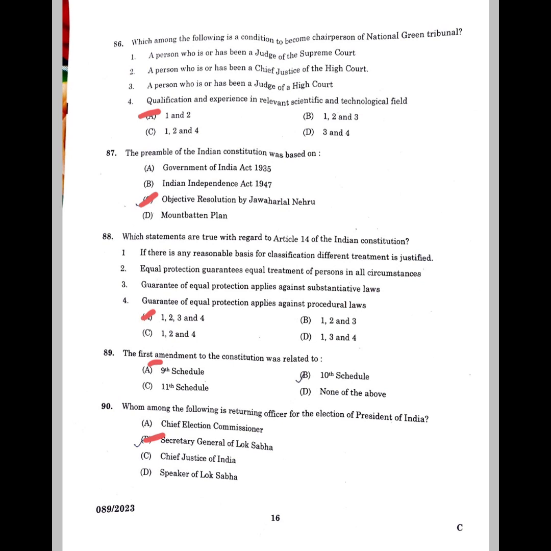Actually, 4 of these statements are true. 89. The first amendment to the Constitution was related to 9th schedule. Option A is the right answer. Question number 90. Whom among the following is returning officer for the election of President of India? Option B is the right answer, Secretary General of Lok Sabha.